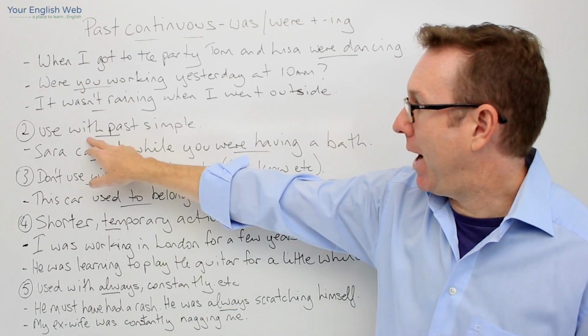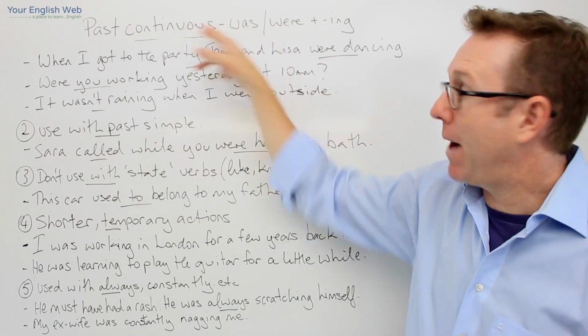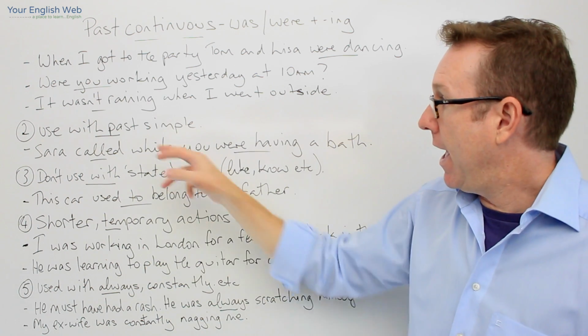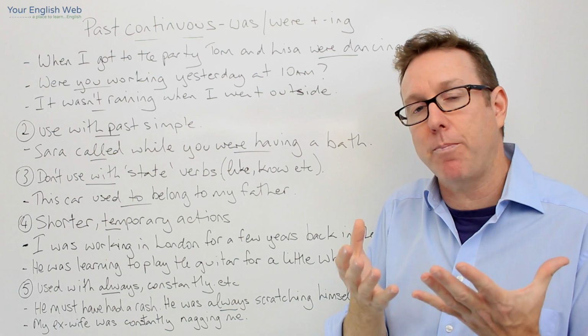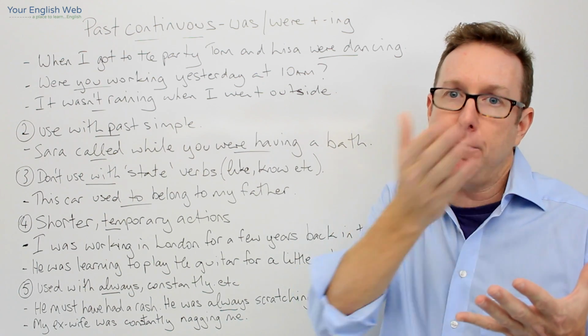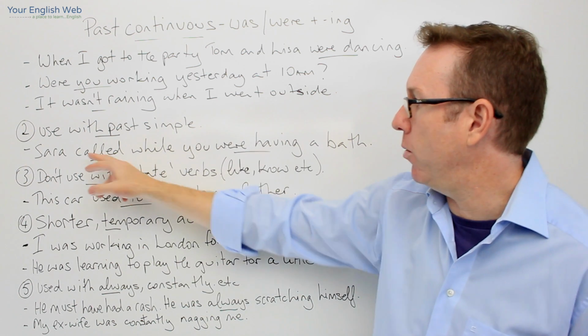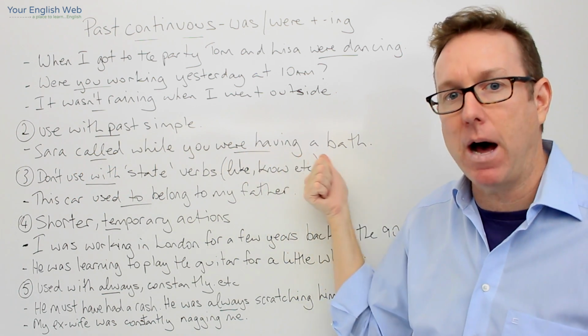Now, the use with the past simple. We often use, as we can see here, the past continuous and the past simple together in a sentence. And the use with the past simple can mean that we use the past continuous to give a background of what's happening. Look at this example. Sarah called while you were having a bath.